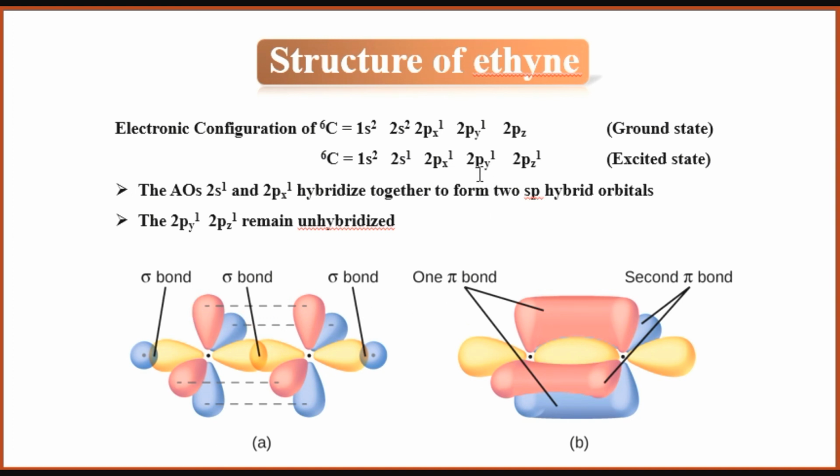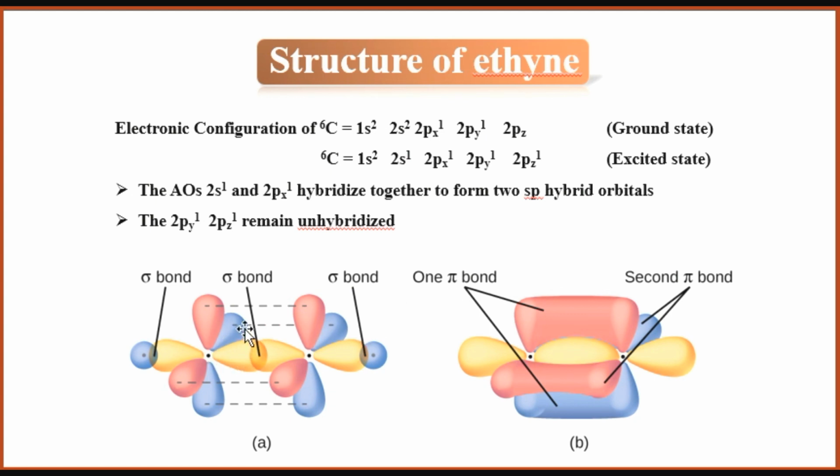And as we already have said, the 2py and 2pz orbitals would remain unhybridized. So here, these red ones show the 2py orbital in both of these carbons, and the blue ones show the 2pz orbitals. So this 2py unhybrid orbital of one carbon atom would overlap with the unhybrid 2py orbital of the other, forming a pi bond. That has been shown over here in the form of a pi electron cloud, either above or below the sigma bond.